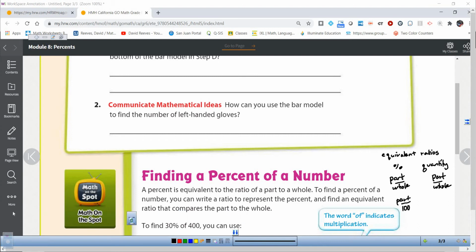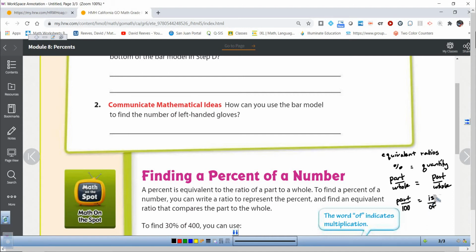And by the way, these will end up always being equal. I'm going to give you a little hint: many times you're going to see "is" and "of," because if you think about it, "is" means what it is equal to, and "of" means out of the whole thing. So part over 100 equals is over of.